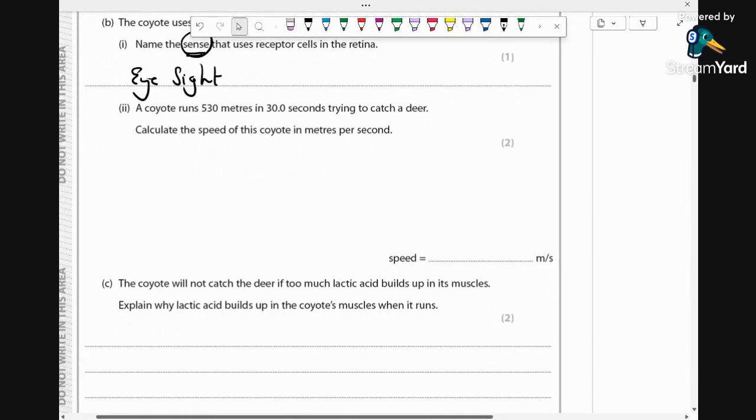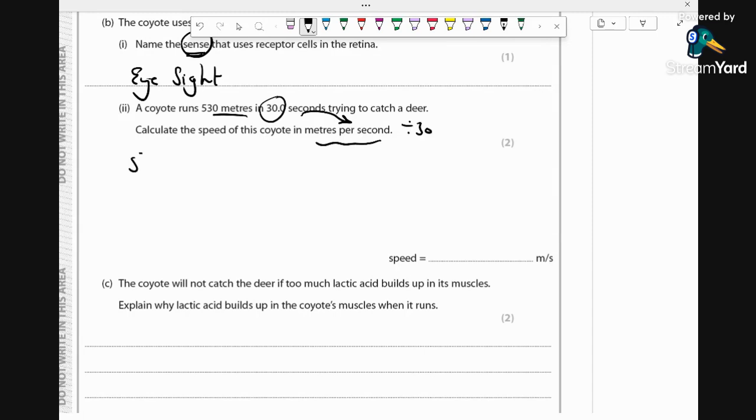A coyote runs 530 meters in 30 seconds trying to catch a deer. Calculate the speed in meters per second. That's quite easy because we're already in meters, and we're needing to go from 30 seconds to essentially 1 second. So we divide by 30. So all I need to do is do 530 divided by 30. And just to make sure I don't make any calculation errors, I should have got my calculator already.